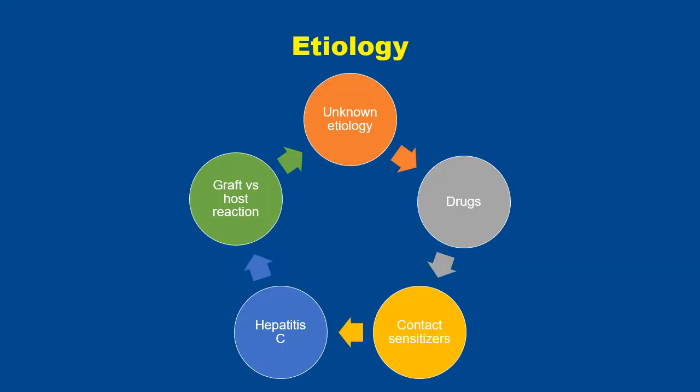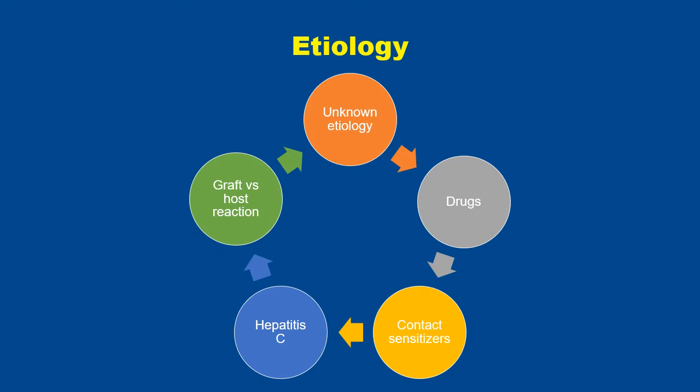The etiology of Lichen planus is multifactorial. In most of the patients, in spite of thorough investigations, we are not able to find the etiology. In some patients, drugs are known to trigger the lesions of Lichen planus. Many times, contact sensitization may also lead to Lichen planus, as in the case of oral Lichen planus caused by the mercury dental amalgam.